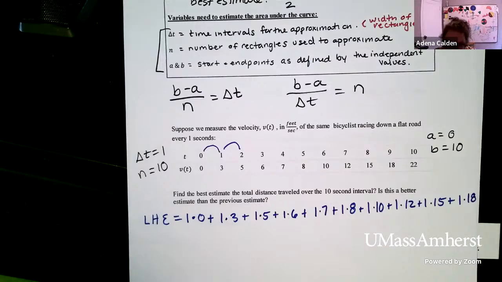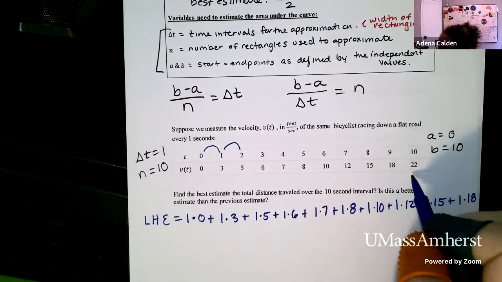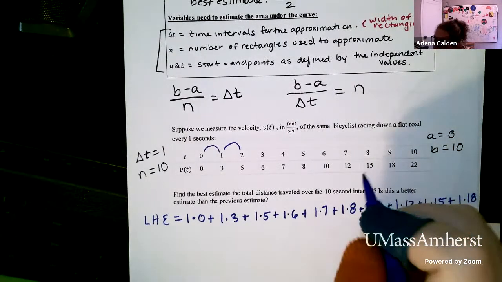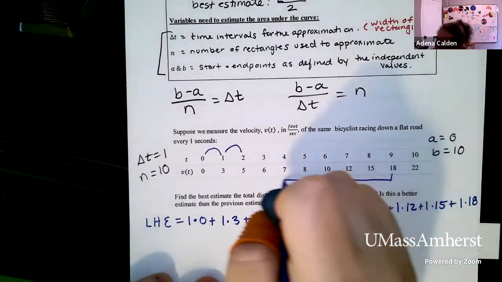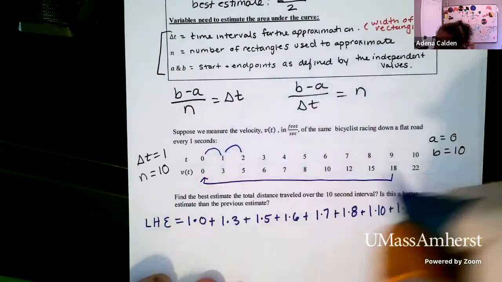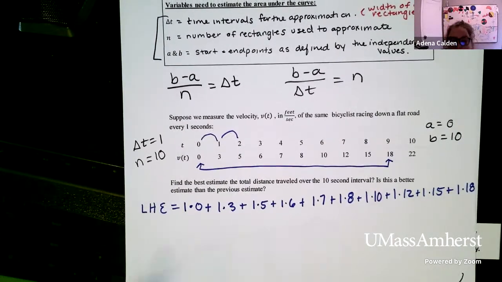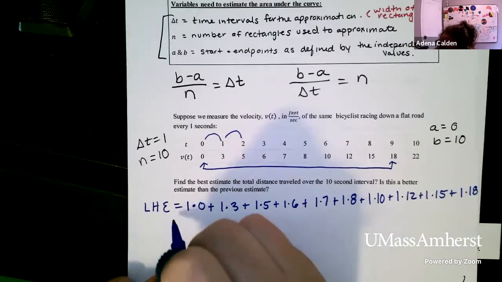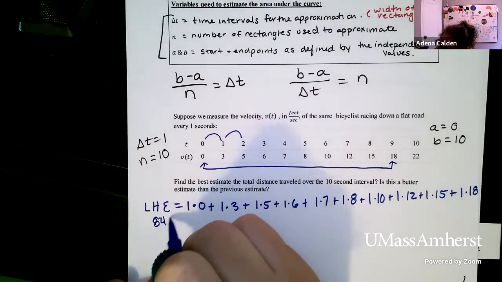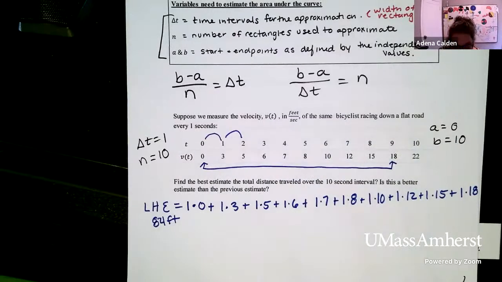When we do a left-hand estimate, we don't use the rightmost point. We use all of the rates except for the rightmost rate, so we know to stop at 18. When we add these all up, we get 84 feet.